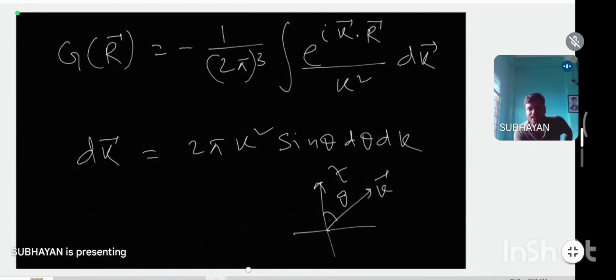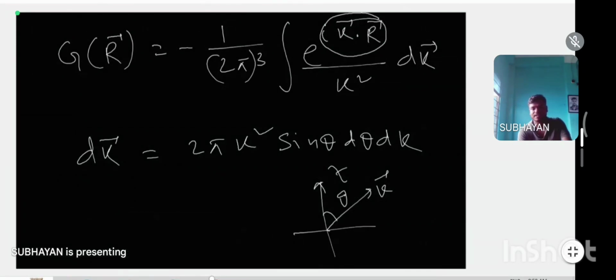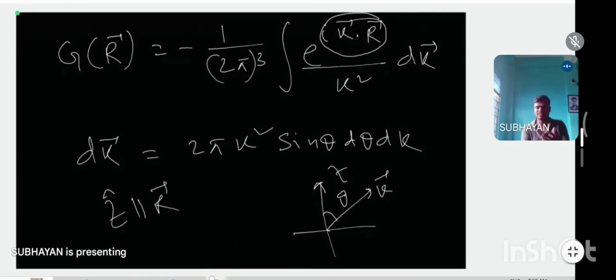Now this k dot r is a scalar, and you know under rotation a scalar remains invariant. So I am taking the coordinate axes in such a way that the r and k vectors are theta angle apart. That means suppose I am choosing z cap parallel to r.